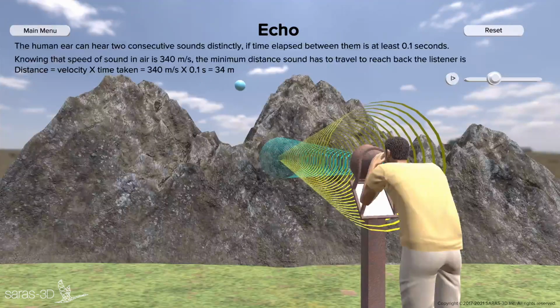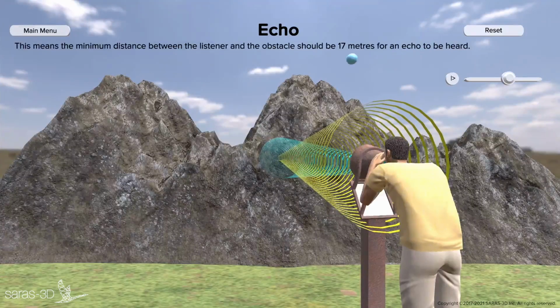What is this 34 meter? This is the total distance traveled by the sound for echo to be heard: 17 meter in the onward journey and 17 meter in the return journey. So the minimum distance for an echo to be heard is 17 meter. This is the conclusion of this discussion.